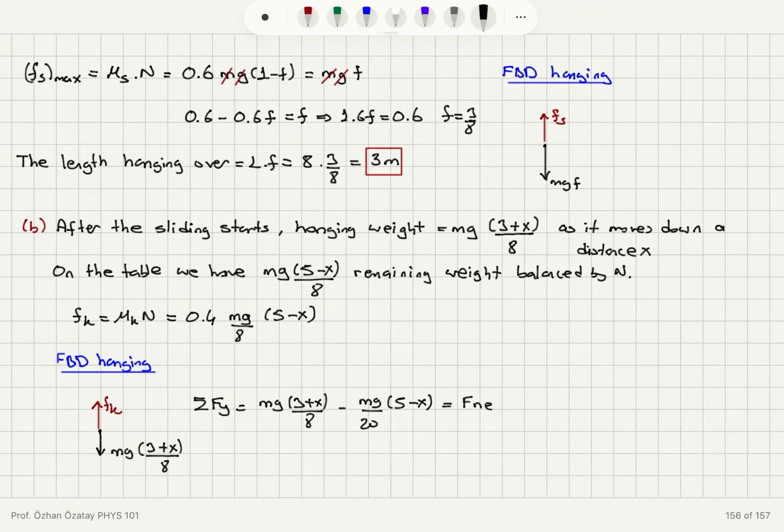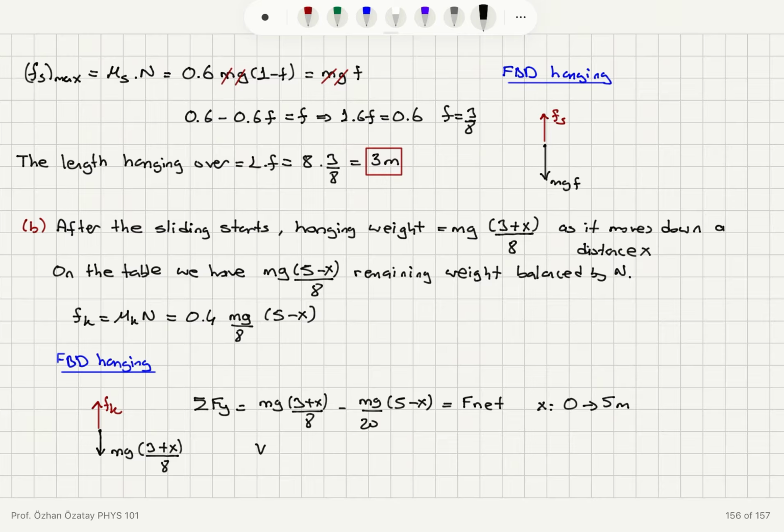This is our net force, and this x will go from 0 to 5 meters, so that when its last link is leaving, all of this is hanging over the edge. So the fraction will become 8 over 8, 1.